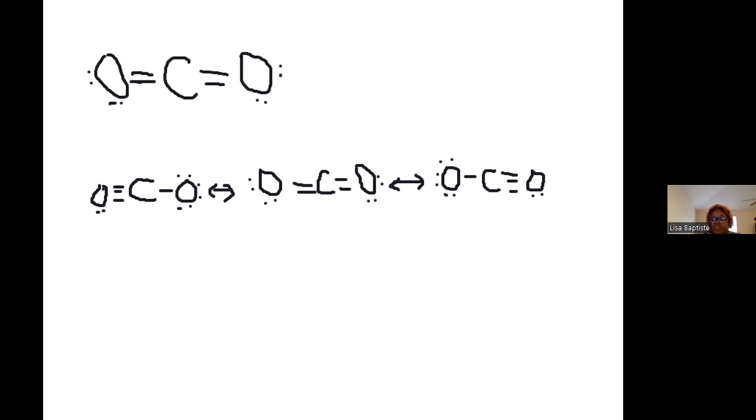Each time we're just moving electrons around. So in one case, we're sharing two pair of electrons with the carbon and 2 extra pair of electrons. This one is keeping all 6 of its lone pair of electrons, and the other one is vice versa. Okay, so those are your resonance structures.